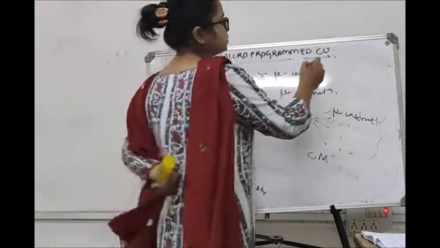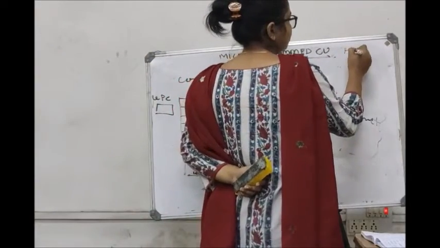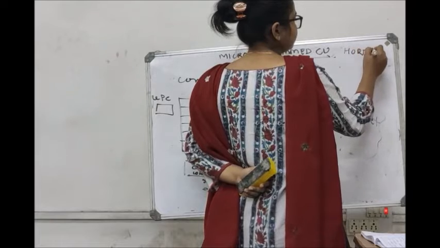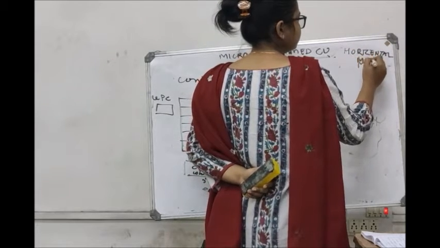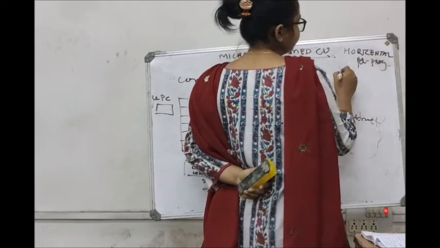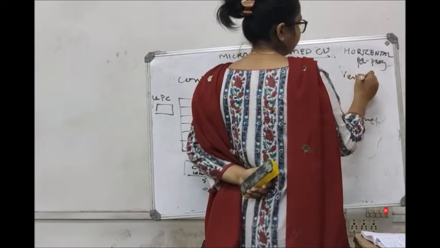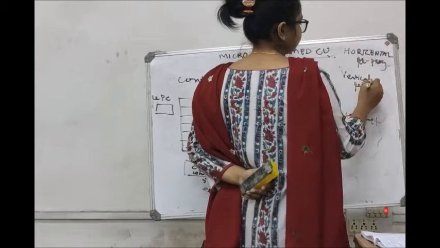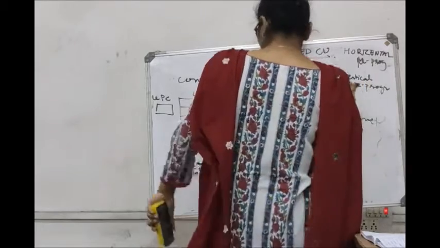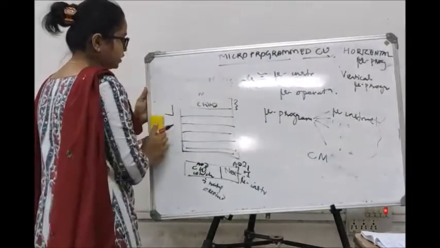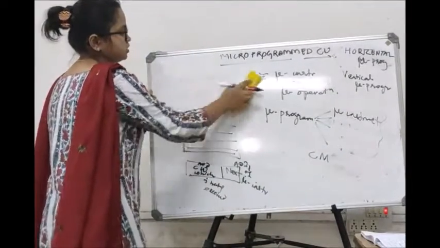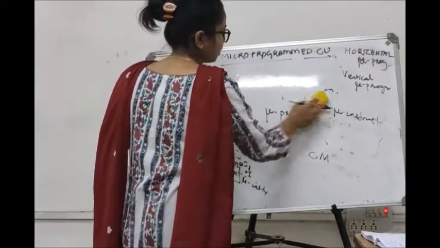What are the two types? Horizontal microprogramming, and then we have vertical microprogramming. Now, what is horizontal and what is vertical microprogramming? We discussed just now.